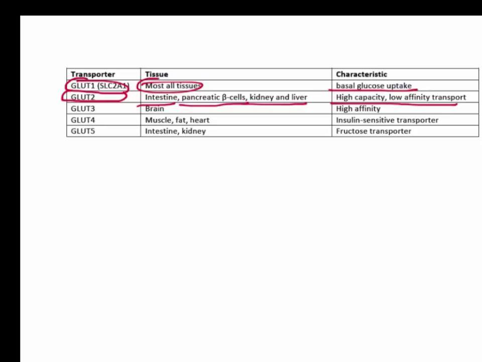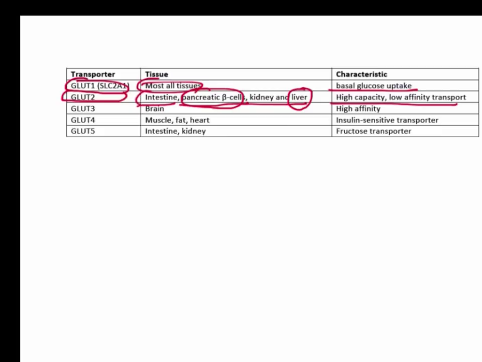This property of GLUT2 is important in the liver because the liver must take up glucose after a meal when the concentration of blood glucose is high, and it releases glucose into the blood when the level of glucose in the blood is low. GLUT2 is present in the beta cell in the pancreas, and this allows the beta cell to act as a glucose sensor and, depending on the level of glucose in the blood, release insulin at higher glucose levels.